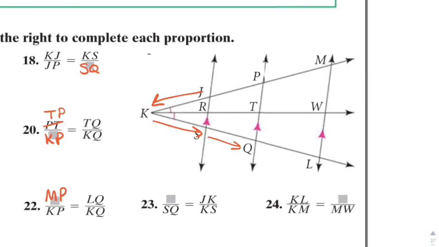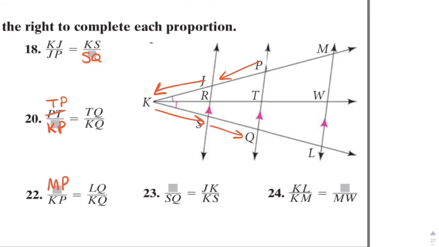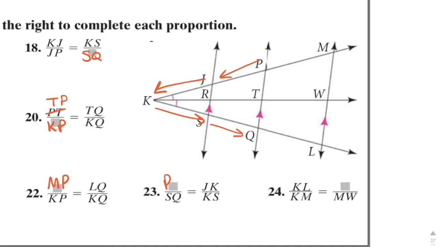We really should be given PJ. So PJ is to SQ. In reality, PJ is similar to SQ as JK is to KS.